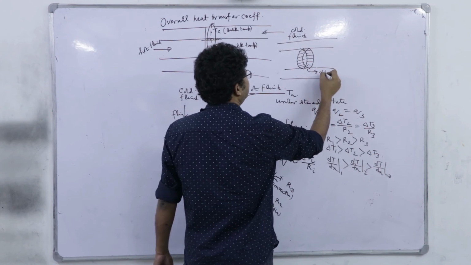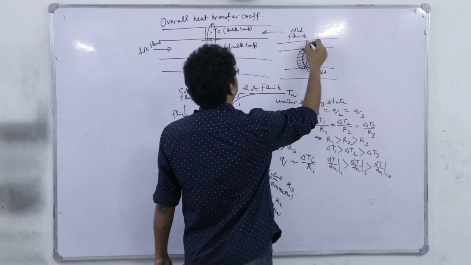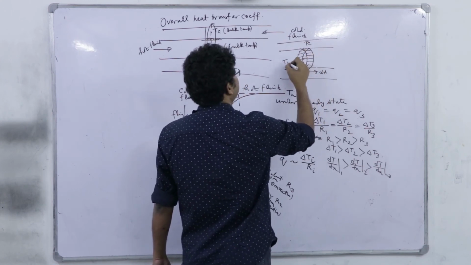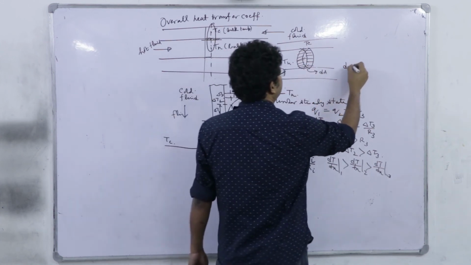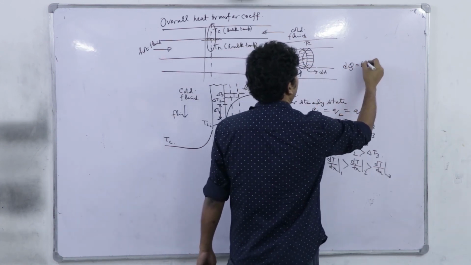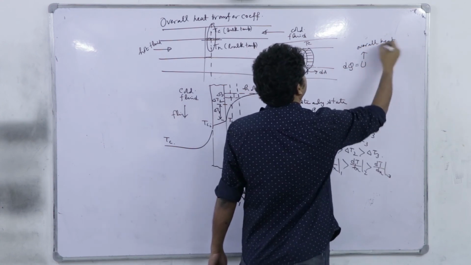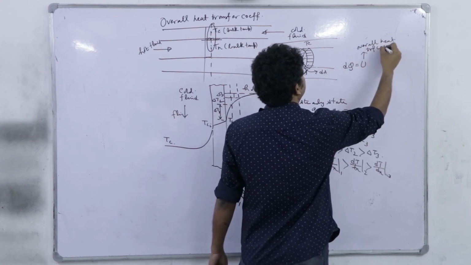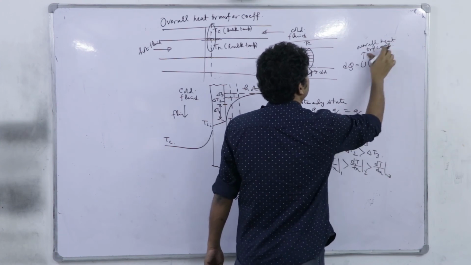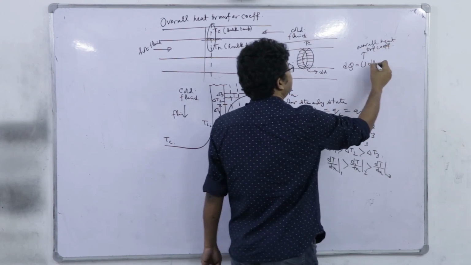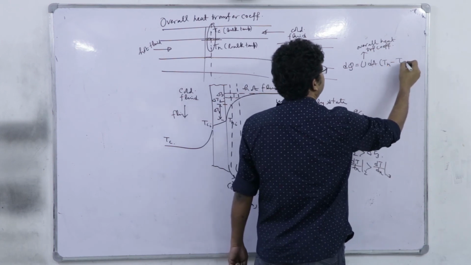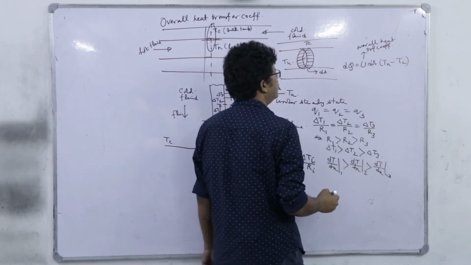So, this area is dA, here the temperature is Tc, here the temperature is Th. So, you can immediately write that dq is equal to some overall heat transfer coefficient U into dA into Th minus Tc, right.